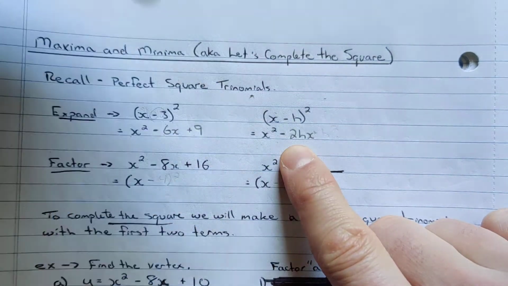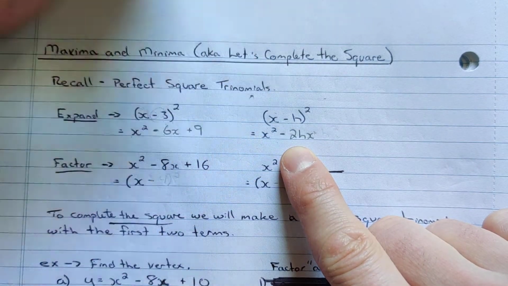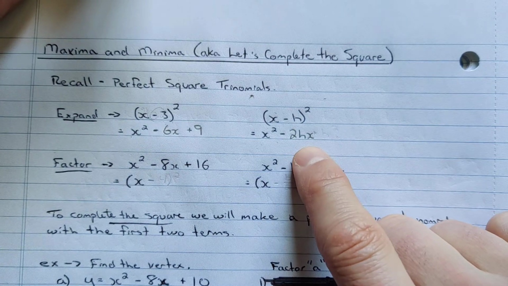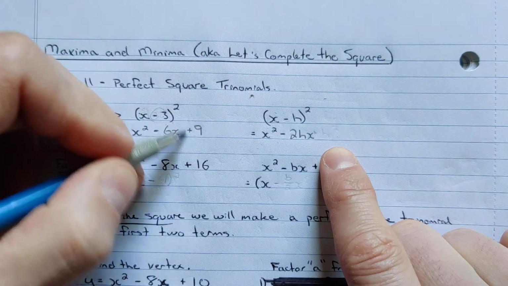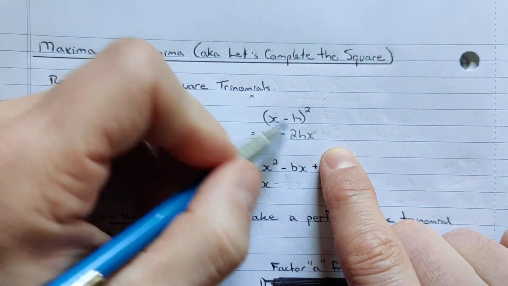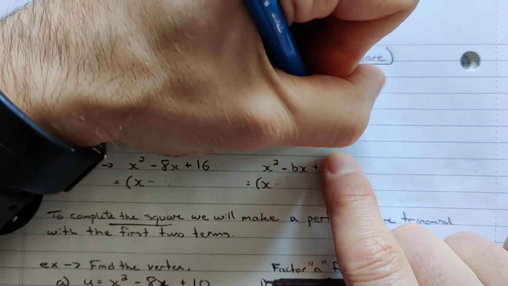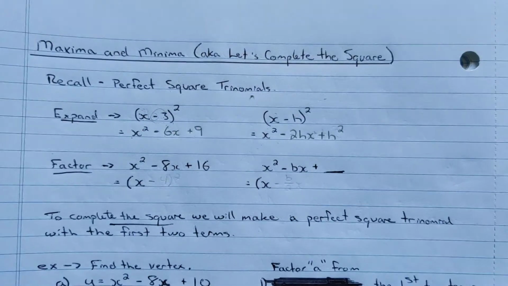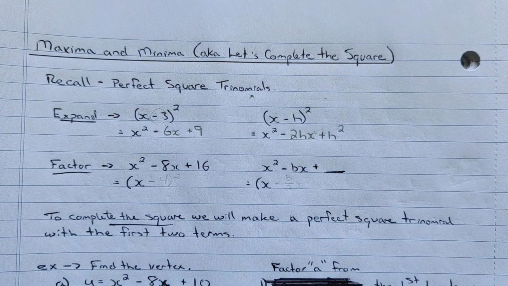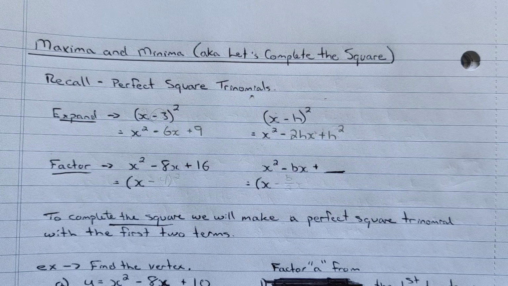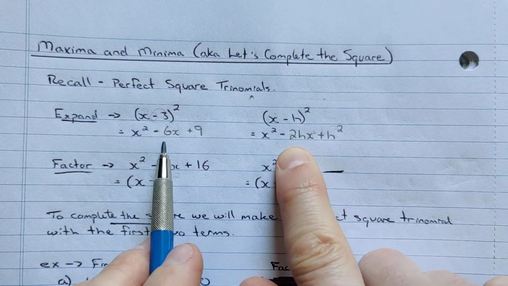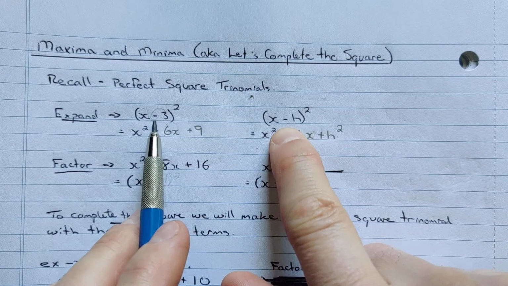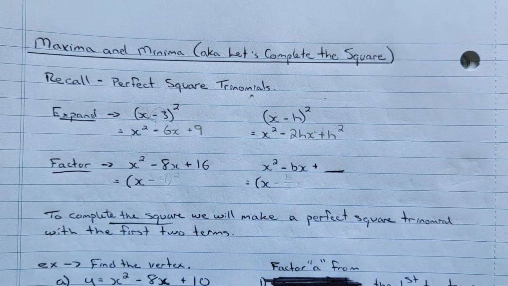So here we have the h times the x, and we double it. That's that in general. And then the final term, that positive 9 came from negative 3 squared. Negative h squared is going to give us positive h squared. Two negatives multiply to make a positive. The general setup is there. That last term is always going to be positive. The middle term is plus or minus, depending on if we have a plus or minus in the middle there.